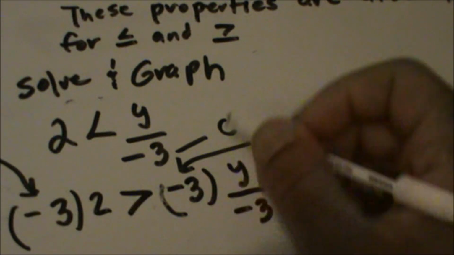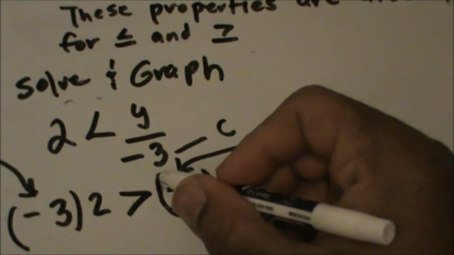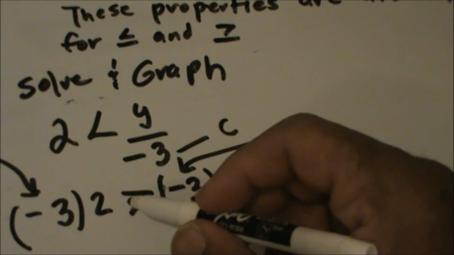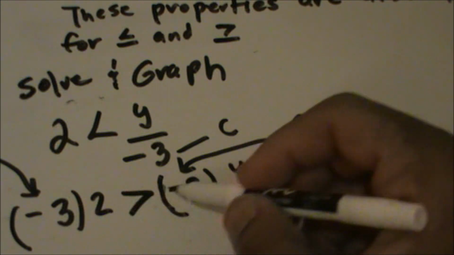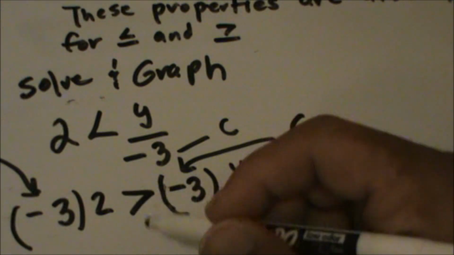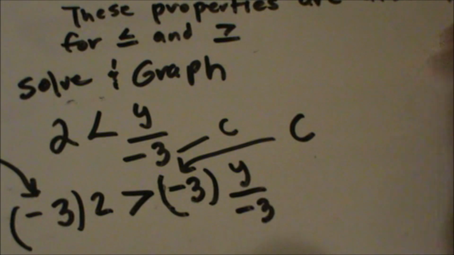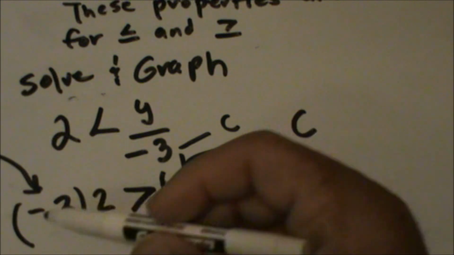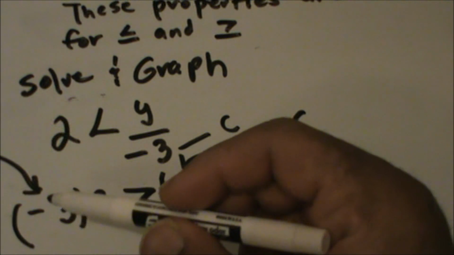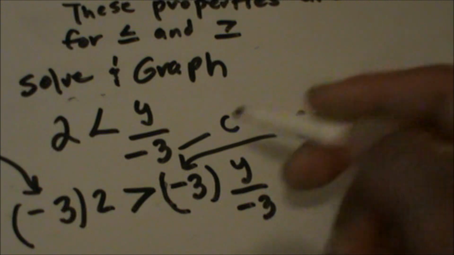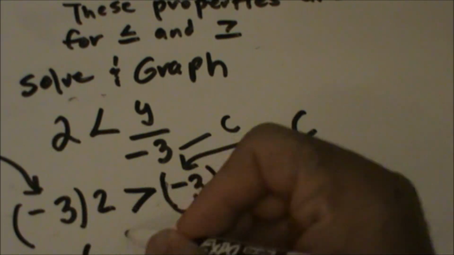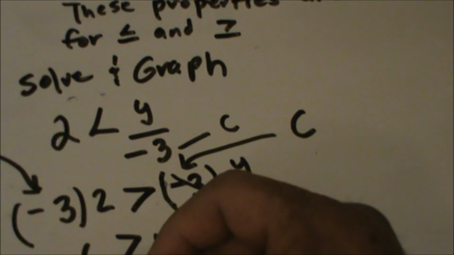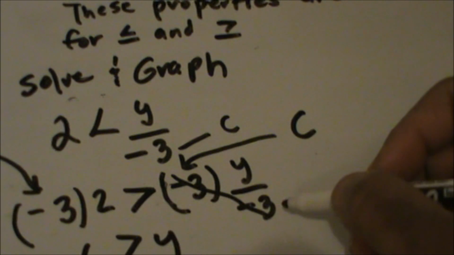Throughout the next series of examples, I'm going to show the sign before multiplying or dividing, but I want you to look and see what happens. The less than sign becomes greater than because you're multiplying by a C value that is less than 0. So this is negative 6 greater than. This cancels, y is left. Negative 6 is greater than y.